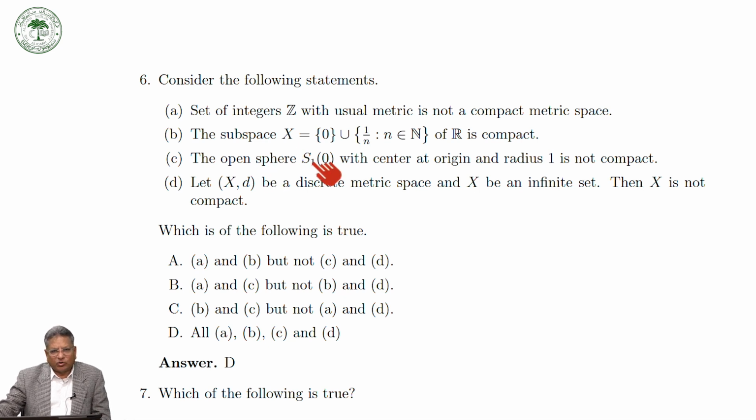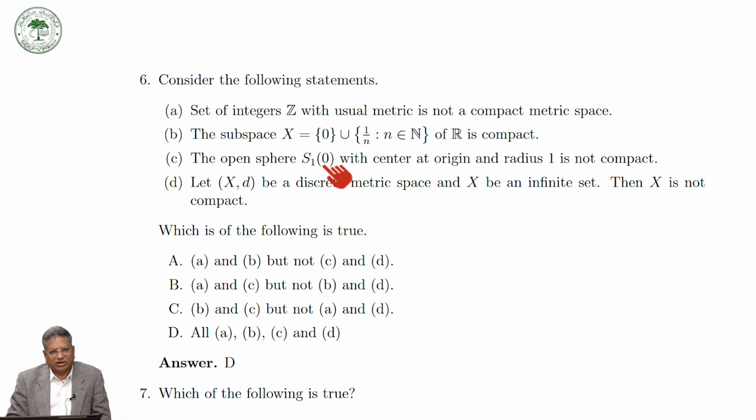Now, the open sphere with center at origin and radius 1 is not compact. Yes, this is true. The open sphere is not compact. We have already studied this in my previous talks.